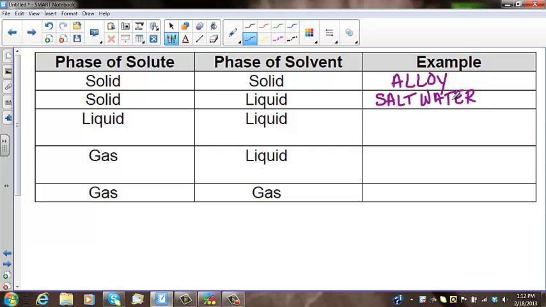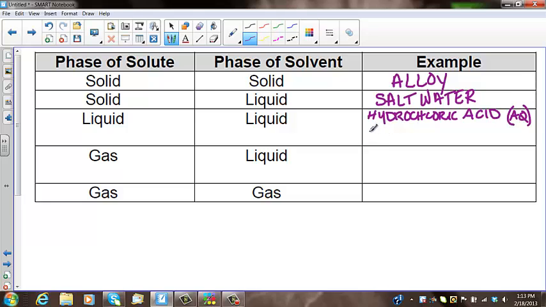If I have a liquid in a liquid, so let's just say that I'm making an acid solution and I'm starting with 12 molar hydrochloric acid and I'm adding it to water to dilute it maybe down to 6 molar. So we could have hydrochloric acid in water. So I'm just going to put hydrochloric acid aqueous because that means mixed with water.